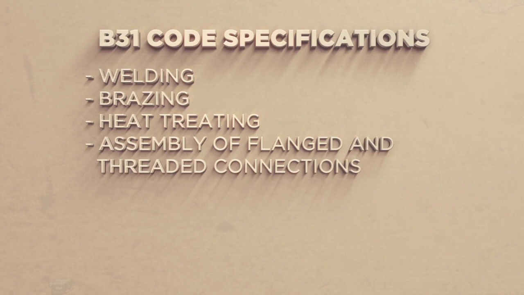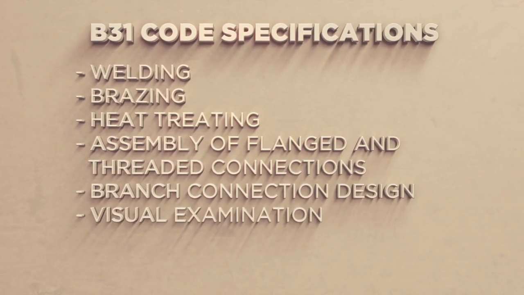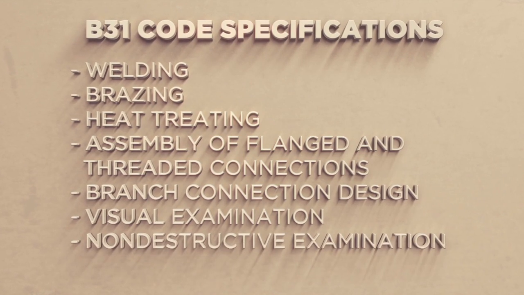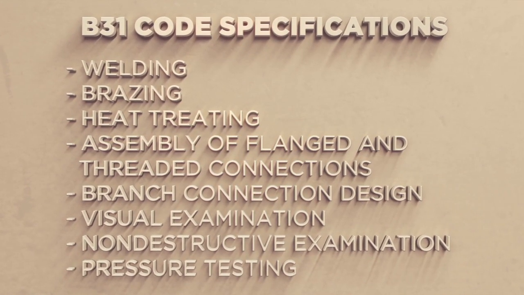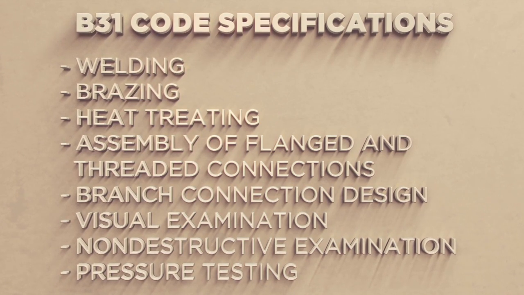Welding, brazing, heat treating, assembly of flanged and threaded connections, branch connection design, visual examination, non-destructive examination, and pressure testing are already appropriately specified when a B31 code section is imposed, so the engineer's specification does not need to address these subjects except for special situations.